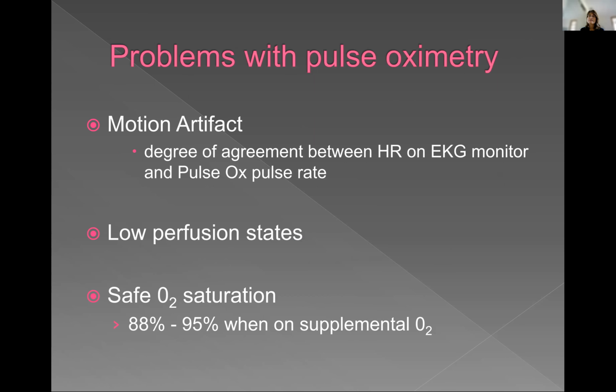With movement, the pulse oximeters are getting better and better with this. The newer technology knows how to filter out movement and still give you pretty accurate readings. And sometimes the movement of the body causes a lot of artifact. So don't always trust the readings. Make sure that you check.